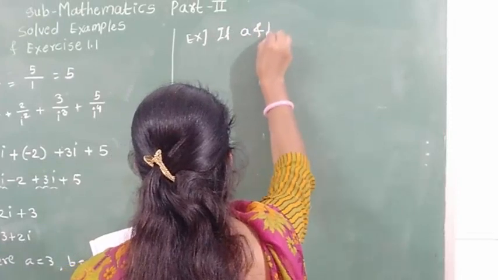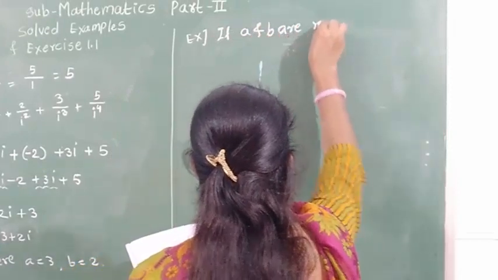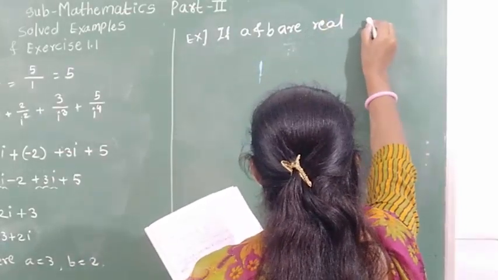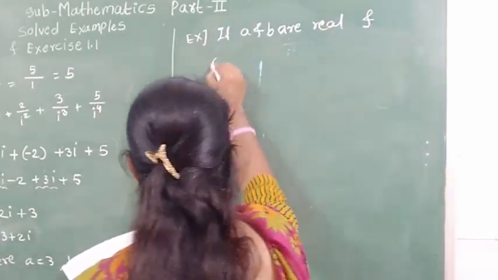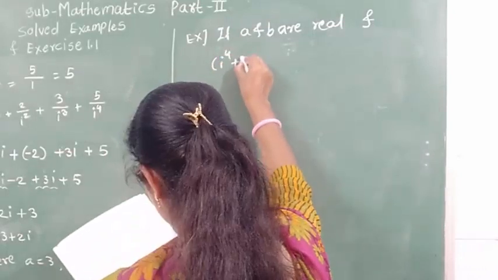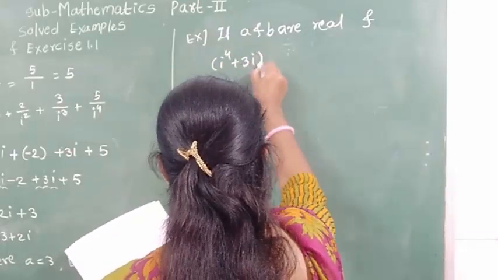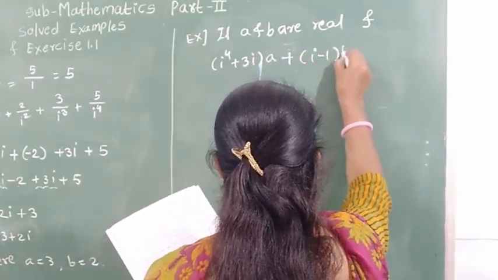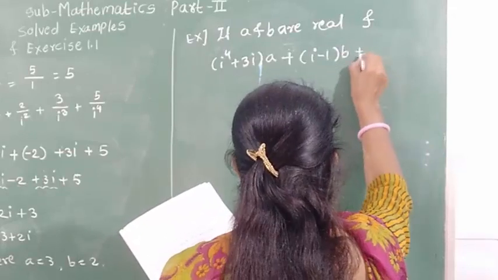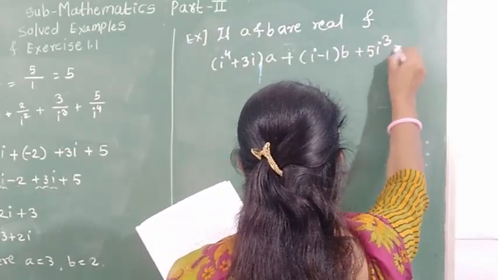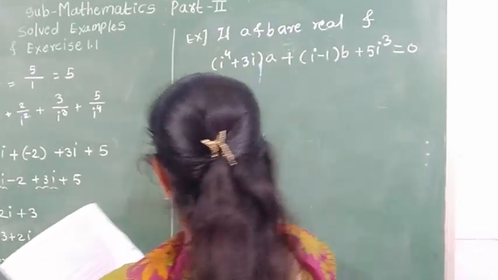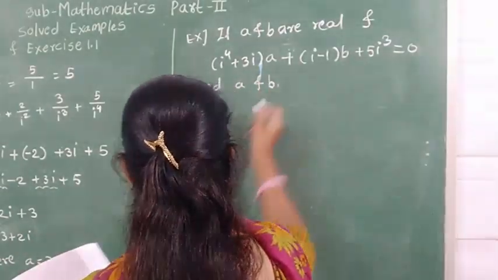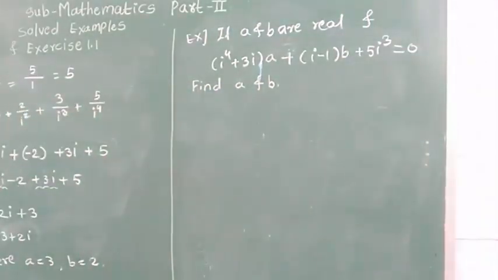If a and b are real, and i raised to 4 plus 3i into a plus i minus 1 b plus 5i cube is equal to 0, then find a and b.